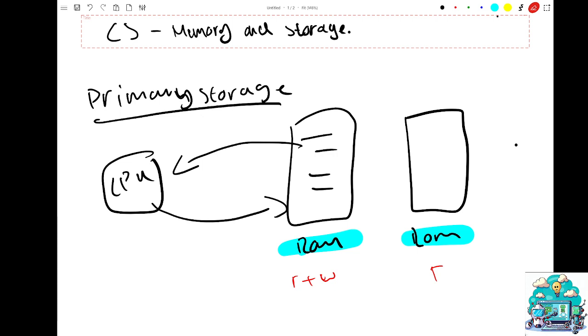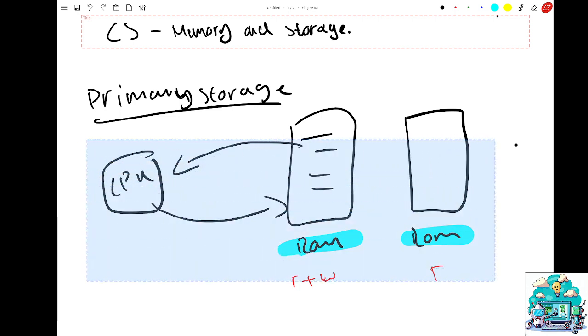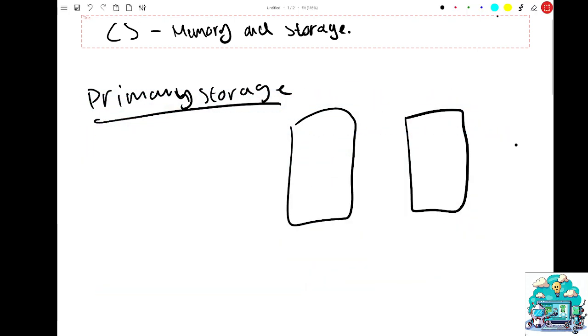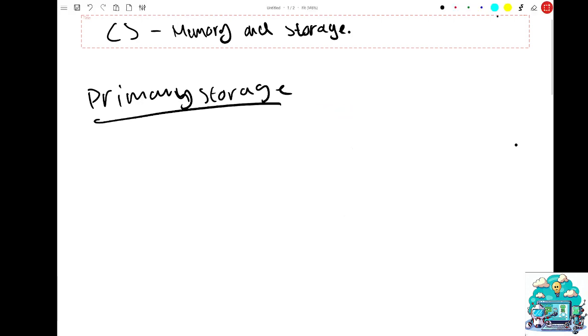Another thing to consider with primary storage is virtual memory, which is basically using the secondary storage, such as a hard drive, to load and unload bits of applications and data.